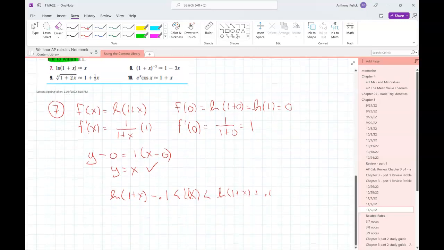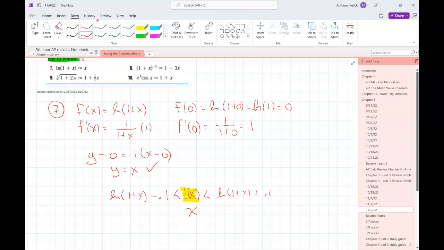And what is my linearization here in this problem? Wait, so you didn't have to do anything with, you just put it straight in there? Like, negative 0.1 is less than the natural log of 1 plus x, and then you move the... I mean, you could do all that work, but this is where it's going to end up.